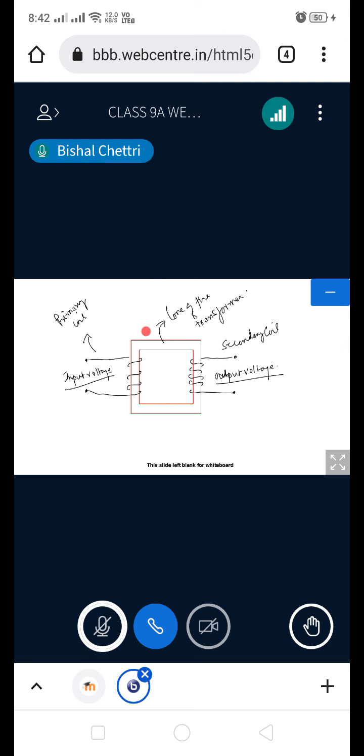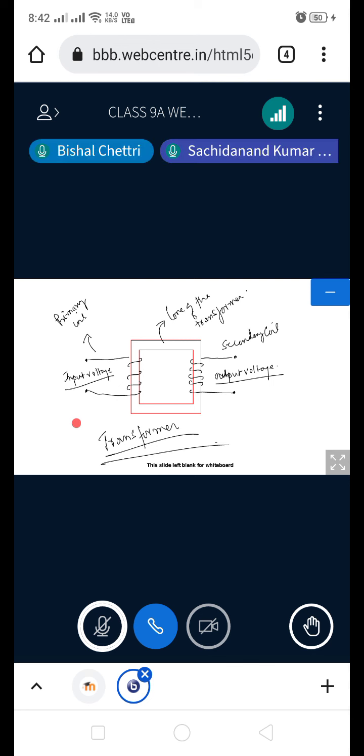So this is a simple sketch of your transformer. Clear? Yes, sir.